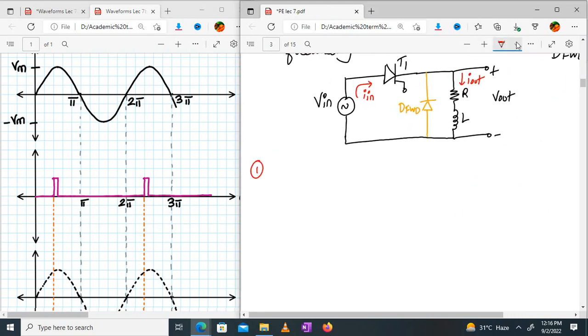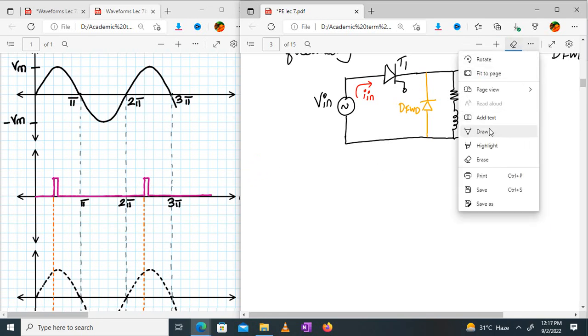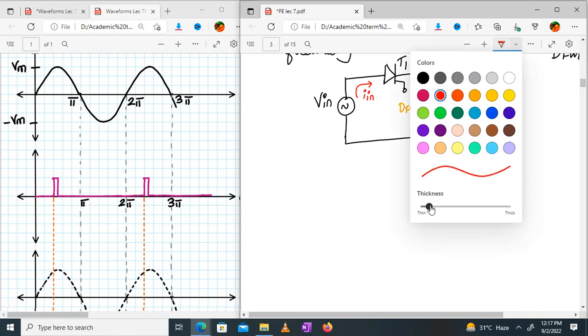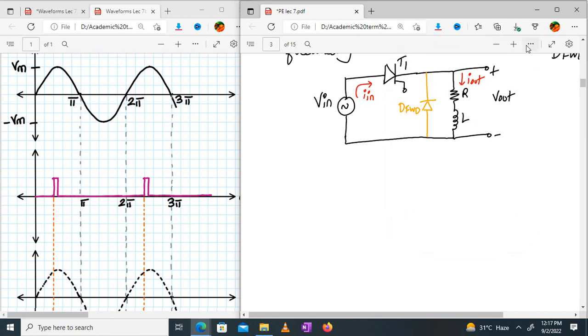First, yeah, tell me. Fast. So let's consider when omega t is from 0 to alpha, what happens?